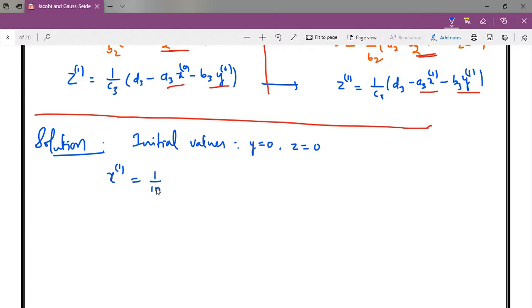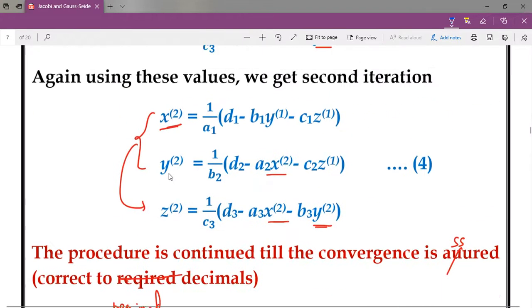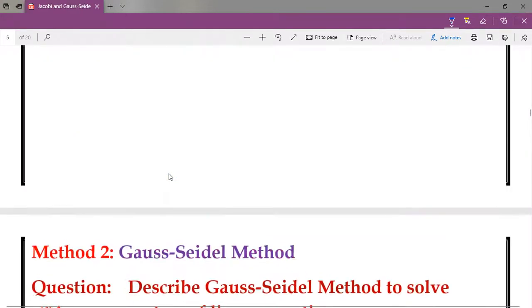Now x1 is equal to 1 by 10 into, so up to this we can take it as it is.